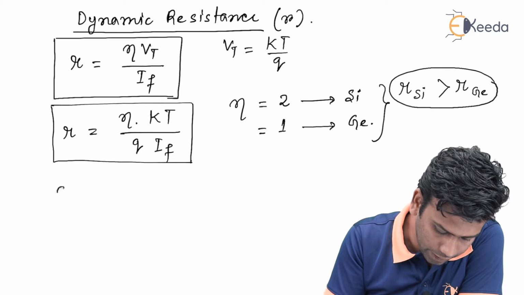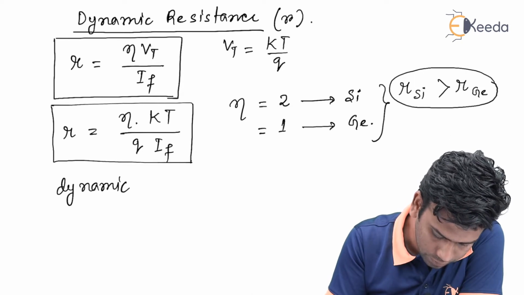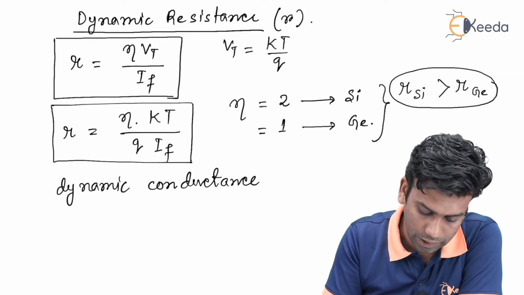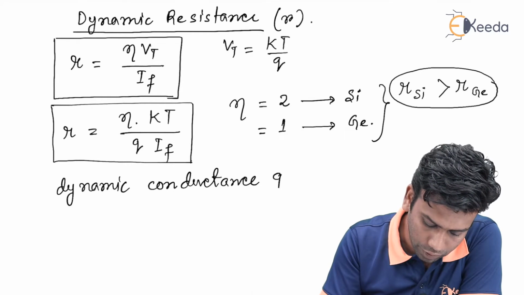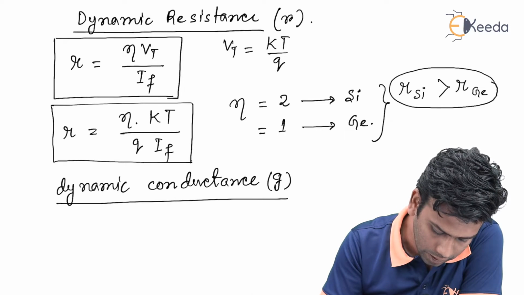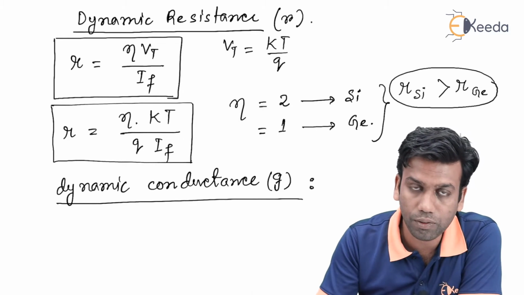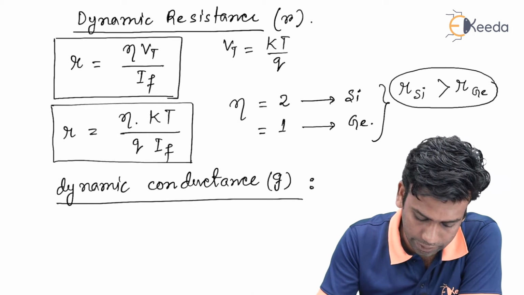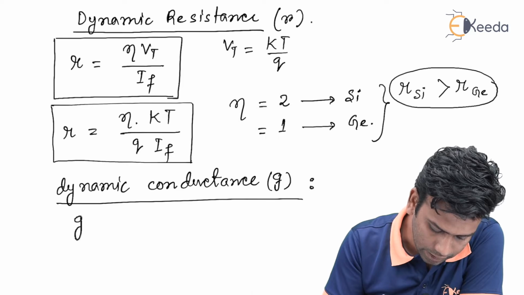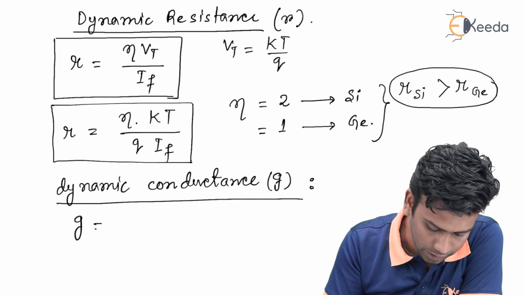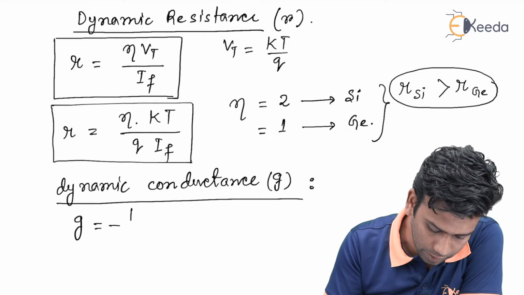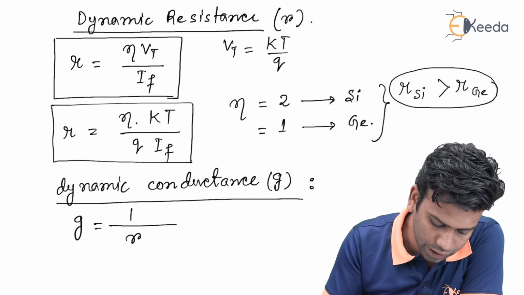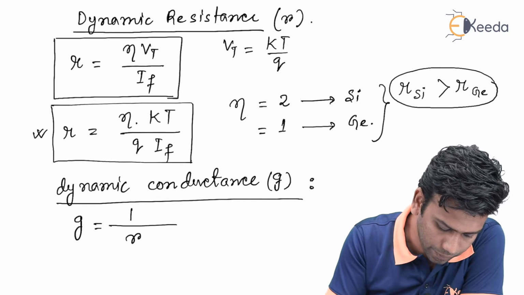Hence, from this dynamic resistance, we can calculate the dynamic conductance of the diode, denoted by small g. As we know, conductance is the reciprocal of resistance, so the dynamic conductance g equals the reciprocal of the dynamic resistance r.